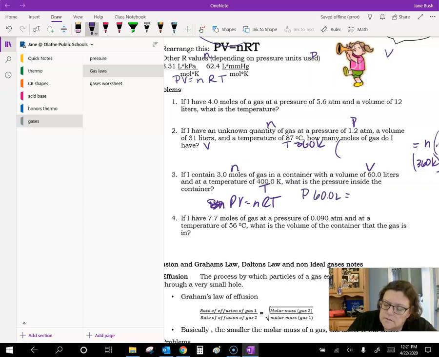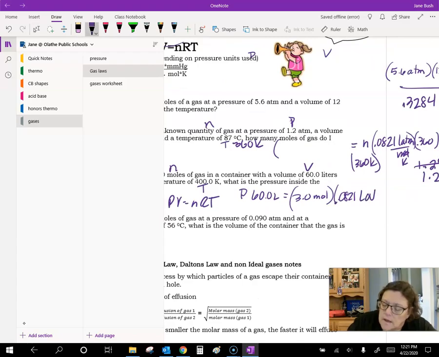P times 60 liters is equal to 3.0 moles times R, 0.0821 liter atmospheres over mole Kelvin, times 400 Kelvin. We're going to divide both sides by 60. And our pressure is going to be 1.64 atm.